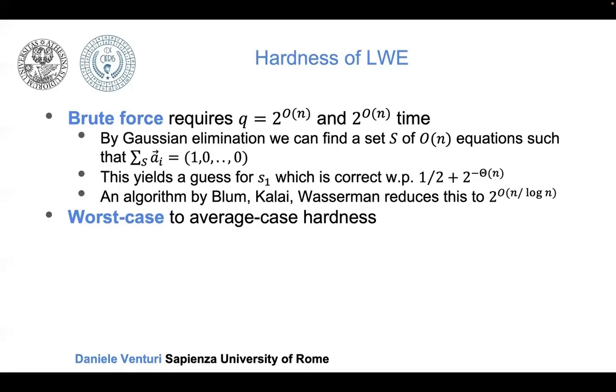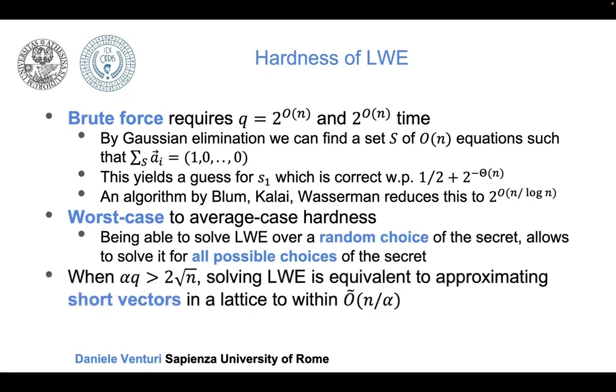Moreover, it also has some nice complexity properties, like this worst case to average case hardness reduction, which essentially says that if you can solve the problem for a random instance, you can actually solve it for every instance, which is a very nice thing. And moreover, even more importantly, people studied this problem extensively, and in fact, it is known that for some parameters regime, in particular about alpha and the modulus, if you can solve this problem, you can solve problems over lattices, like approximate short vectors in a lattice, which is a problem that mathematicians studied for decades, if not even centuries.